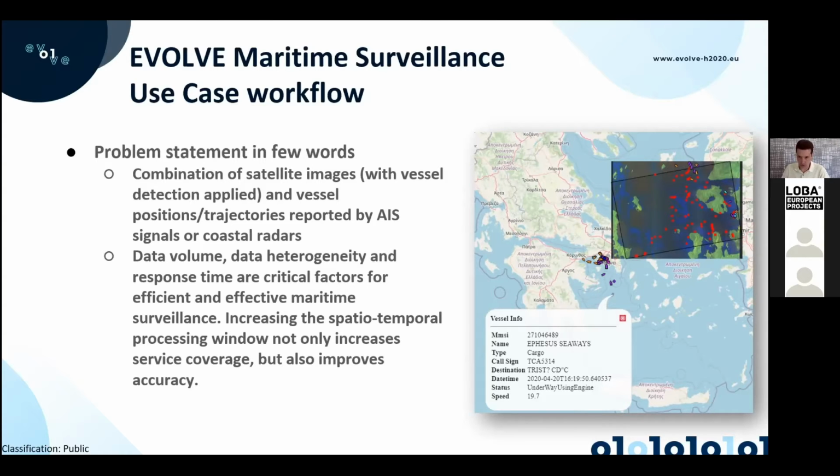So we are using these 2 types of data, as you see also indicatively in this screenshot, and we are trying to combine them and augment them in order to present the user with a picture of the surveillance of a specific region.